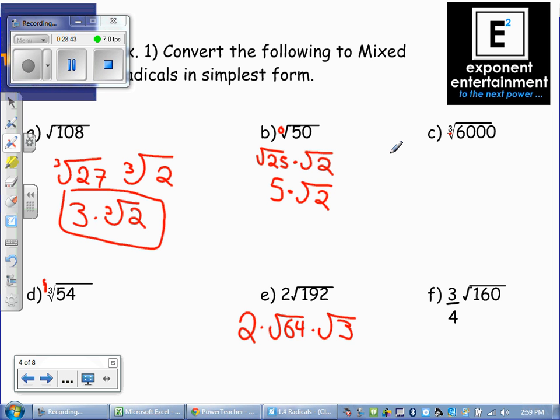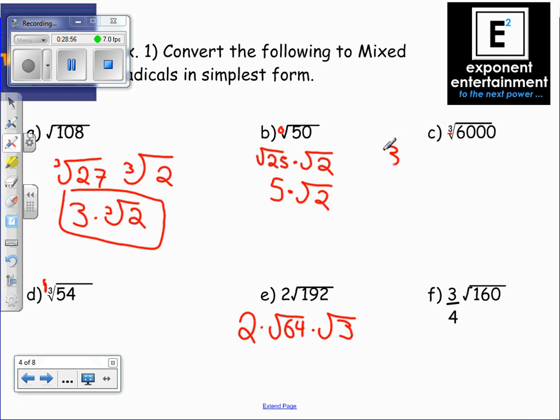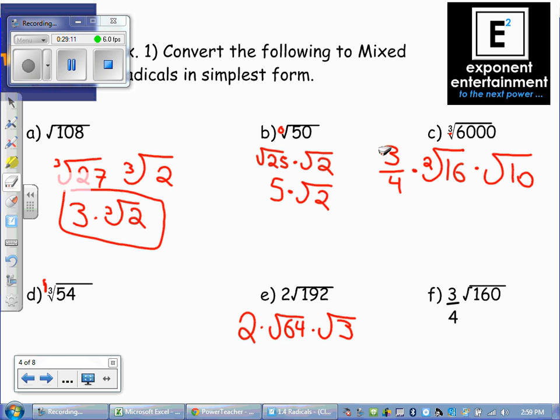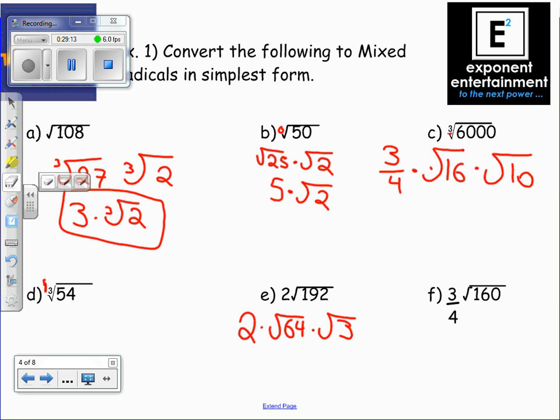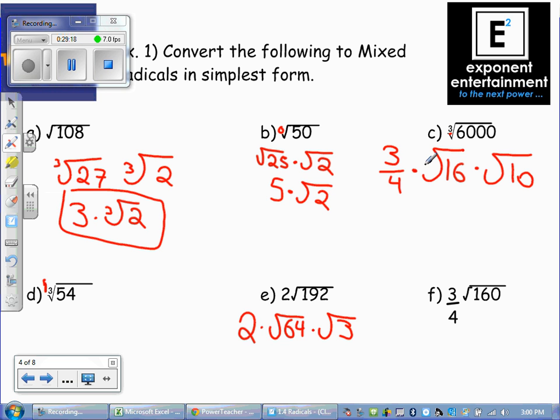So, what you need to do, your 3 over 4, you keep. Then you do the square root of 16. And then you do the square root of 10. What's the square root of 16? What do we have to do with our coefficients?